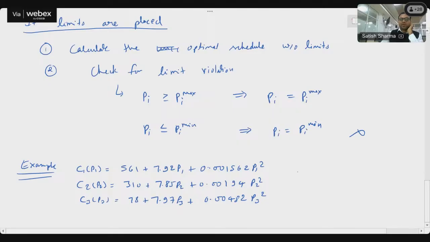And some generation limits are also mentioned: P1 should be less than 600, P2 should be less than 400, and P3 should be less than 200. And then they have minimum limits as well, which are 50, 100, and 150.